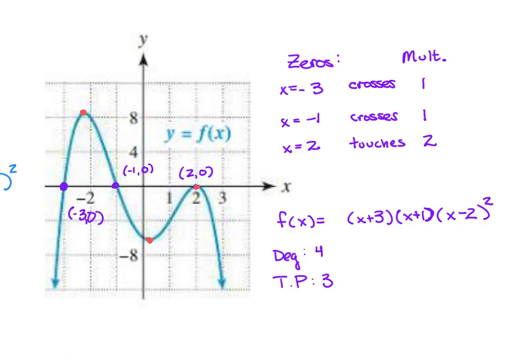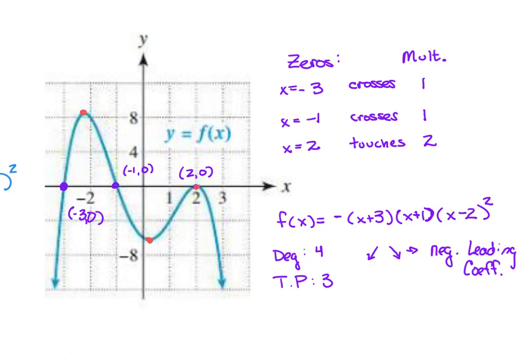Now, remember that if we are degree 4, and we are opening down and down, what this means is I need a negative leading coefficient. And so we are going to go ahead and change this to a negative.